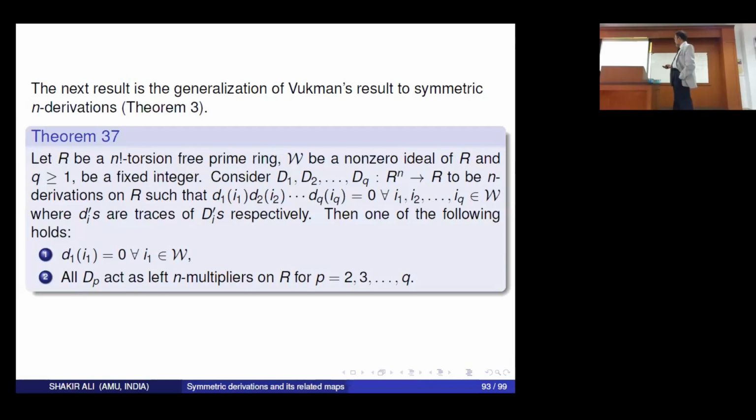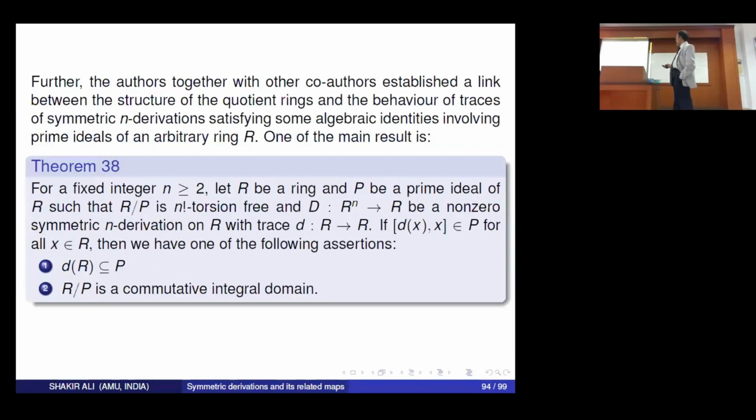Then this is another paper. We use a similar idea and try to find some more interesting results by considering the behavior of these maps in prime rings, how these maps act on prime rings.